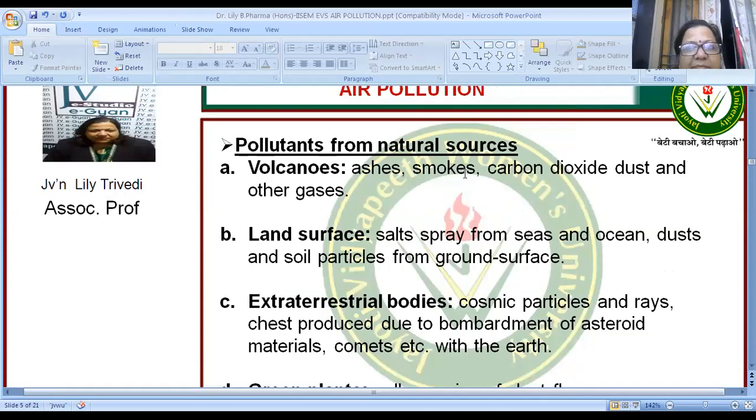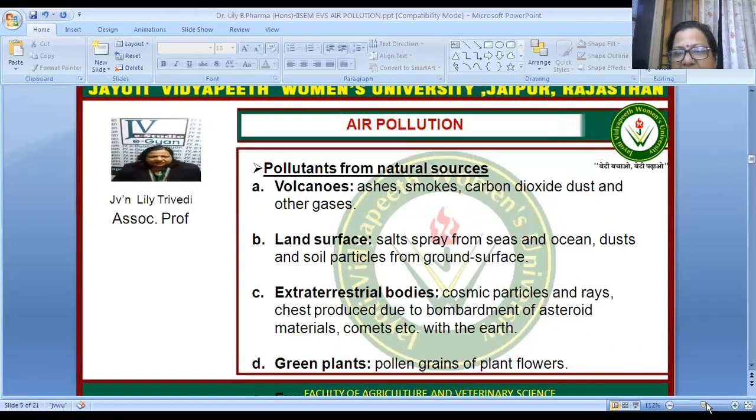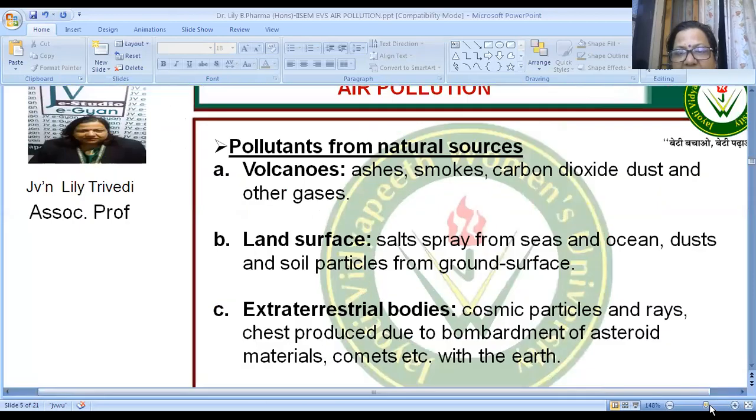Now, they can be from two sources: either from the natural source or from the artificial source, that is human beings. Natural sources include volcanoes, ashes and smoke, carbon dioxide, dust, and other gases emitted from the volcano.